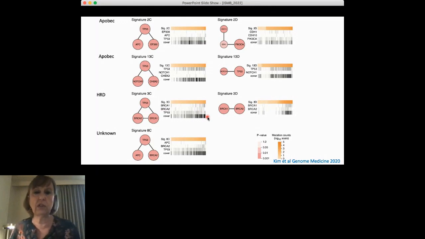Going to the best understood signature out of all of them, the homologous recombination deficiency signature, which, as we know, is associated with mutation in BRCA1 and BRCA2, but we can see that it's also associated with TP53. We also have APOBEC signatures that we see associated again with TP53 and also the Notch signaling pathway.